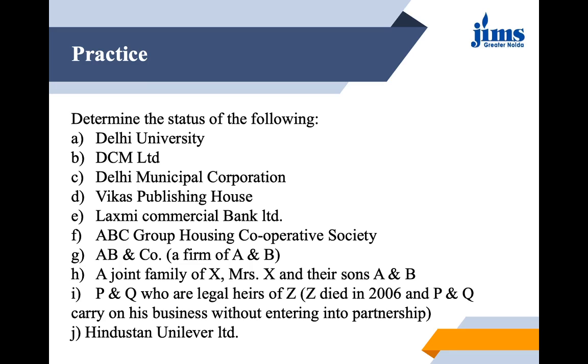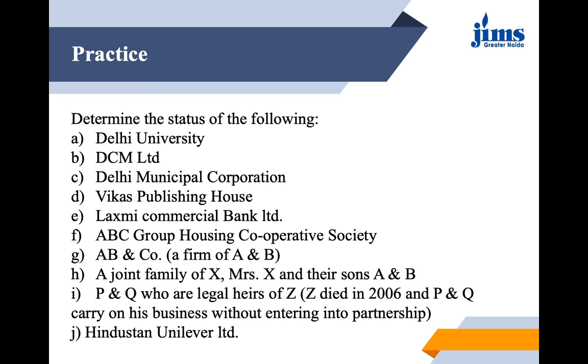Very simple. So let's see once again. Delhi University, artificial juridical person. DCM Limited, company. Delhi Municipal Corporation, local authority. Vikas Publishing House, a company. Lakshmi Commercial Bank Limited, what is it? Company. Okay. ABC Group Housing Cooperative Society, it's an association of persons.